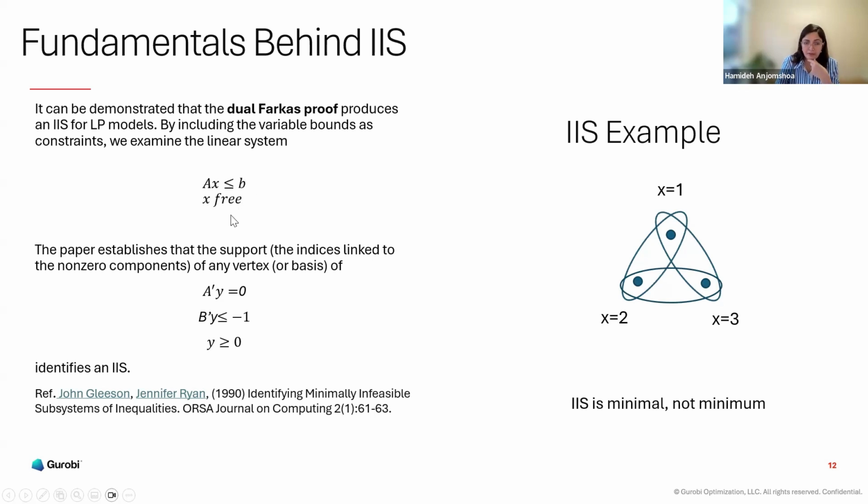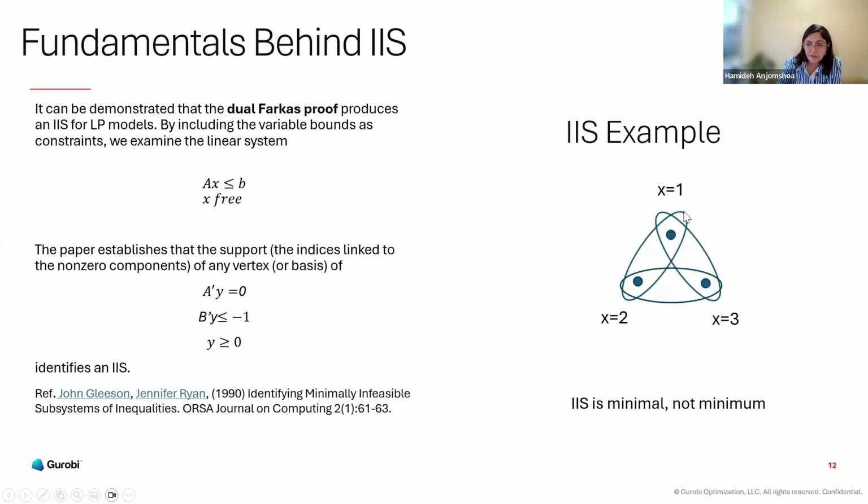If you have this system, Ax less than or equal to b with x free, this paper proves that any indices linked to the non-zero components of any vertex or basis of this new system identify an IIS for us. If you want to, you can look into this further.